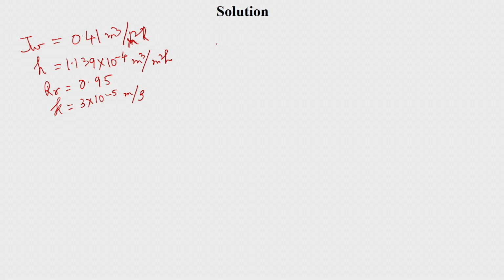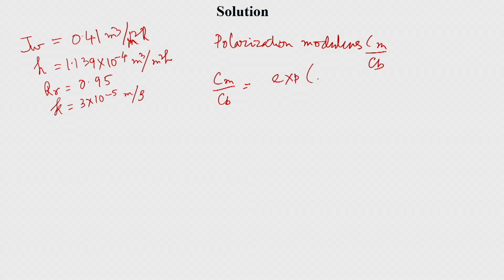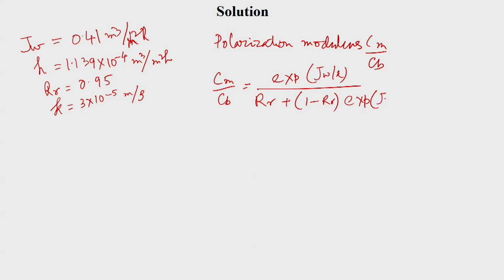Now, say we need to find first the polarization modulus, that is Cm by Cb. So, we can say Cm by Cb is equal to exponential Jw by k divided by Rr plus 1 minus Rr into exponential Jw by k.